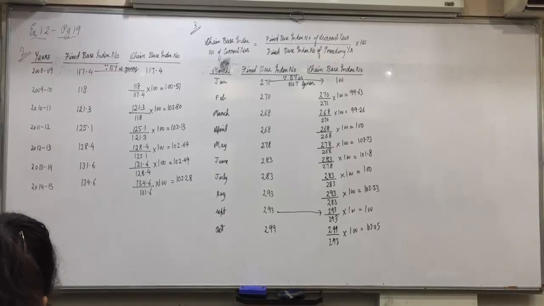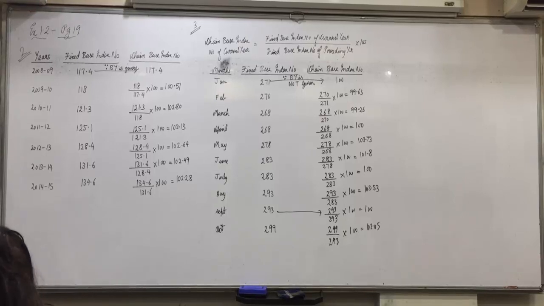Now, look at question number 1. The chain-based index numbers. Who are still solving this? Raise your hand. Third one. Yes, be attentive. The chain-based index numbers of agricultural production of a state from the year 2018 to 14 are as follows.